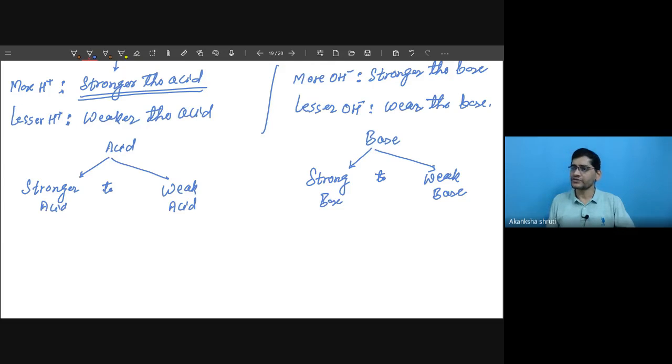For that, we are using a pH scale which indicates the variation of these characteristics. Characteristic means for acid, variation in the number of H plus ions, and for base, the variation in the number of OH minus ions.